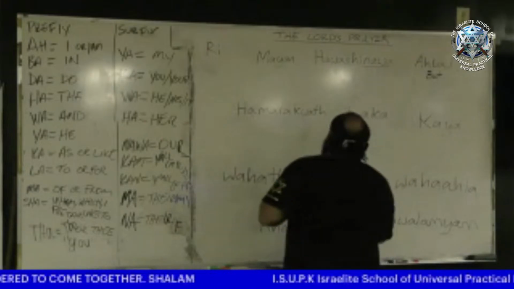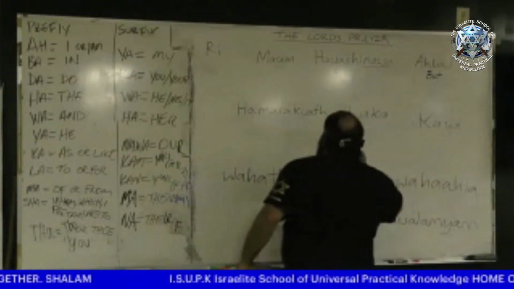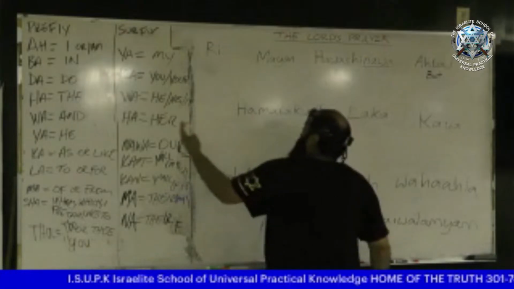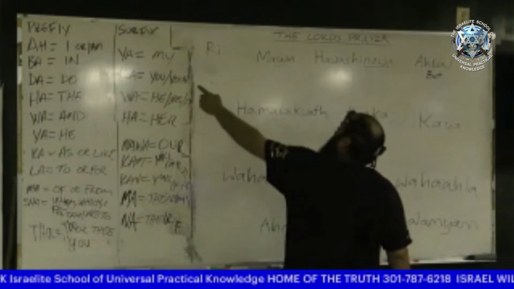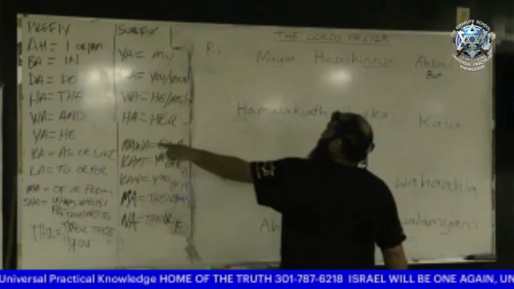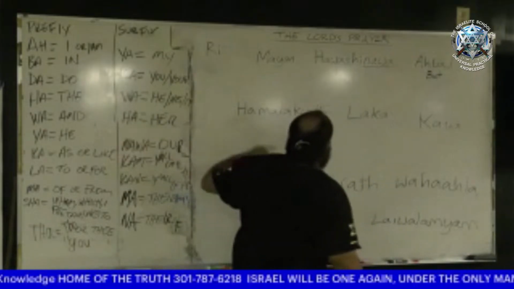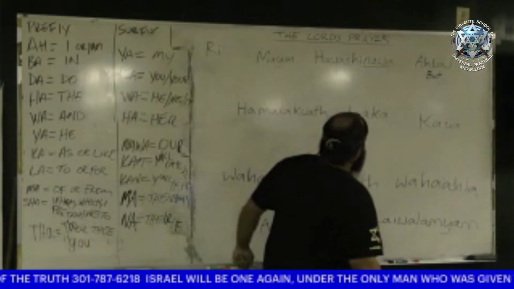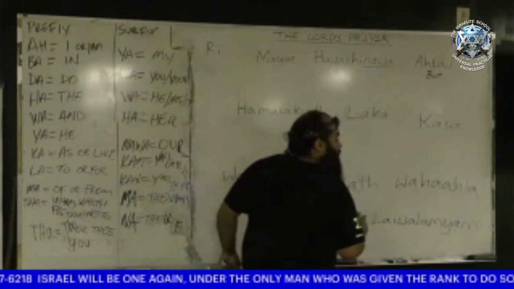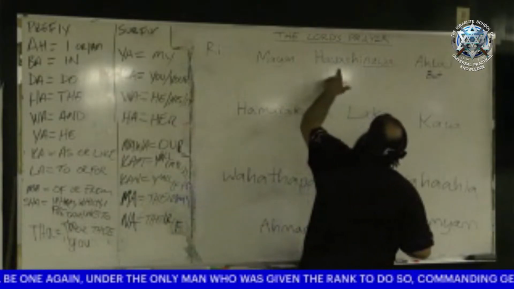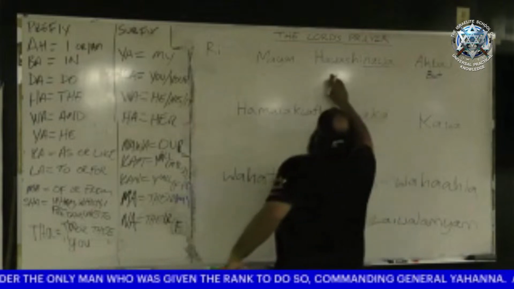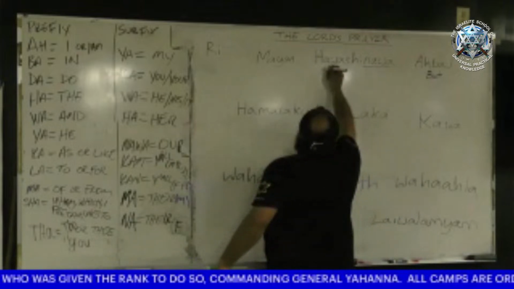Hawashai is the same word in Yahawashai's name, to deliver. Yahawashai means he delivers. That Yah is the prefix for he, and then to deliver. So he delivers. That's Yahawashai's name. So Hawashai just means to deliver. So Hawashai Nawa would be deliver us.